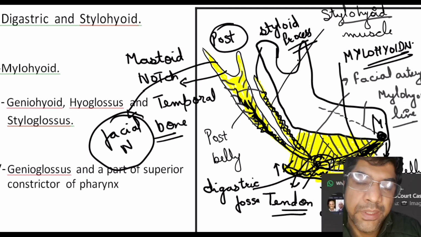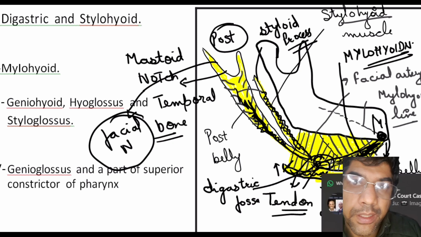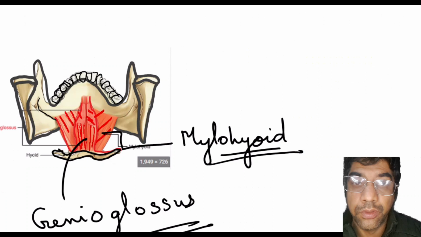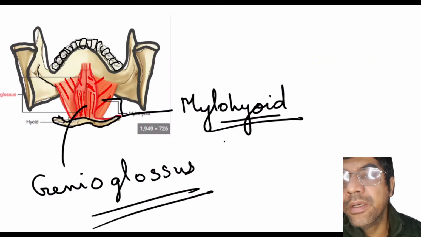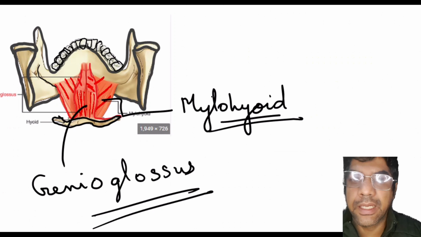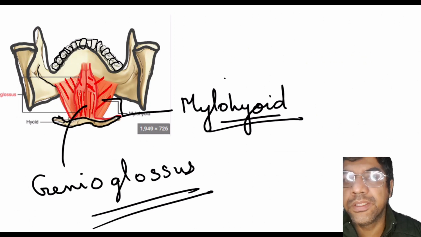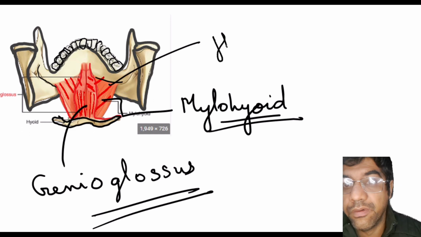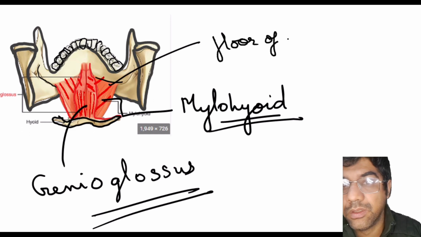The other muscle is the mylohyoid. So remember the mylohyoid. Imagine it as a flat, triangular-shaped muscle that forms the floor of the mouth.